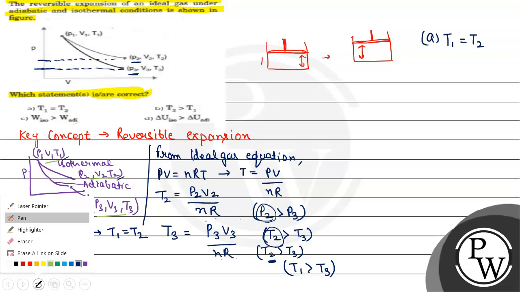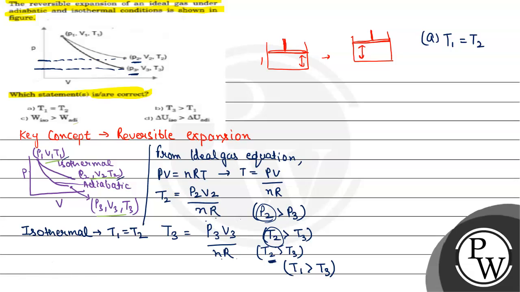In option C, they have given that the work done in the isothermal is greater than the work done in adiabatic. So to find the work done, we will just check the area under this.